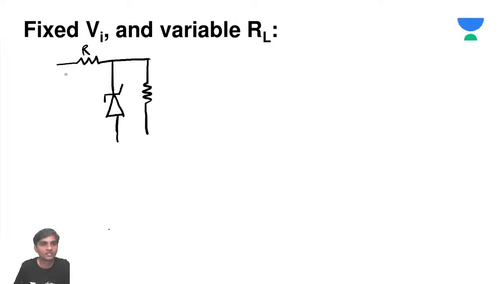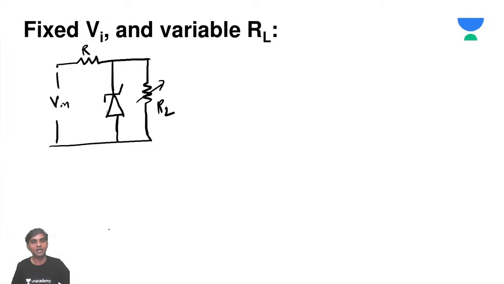This is going to be some resistor R. Here you have some V input. But what is it saying, sir? This load resistance RL is a variable resistance, and V input is constant.